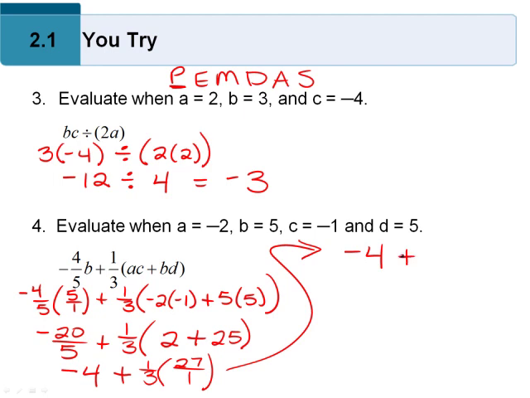Now, if we multiply, we have 1 times 27 is 27 on top. 3 times 1 is 3 on the bottom. So I have negative 4 plus, now if I divide, I get 9. 27 divided by 3 gives me 9. And negative 4 plus 9, you get positive 5. And that should be it for section 2.1.